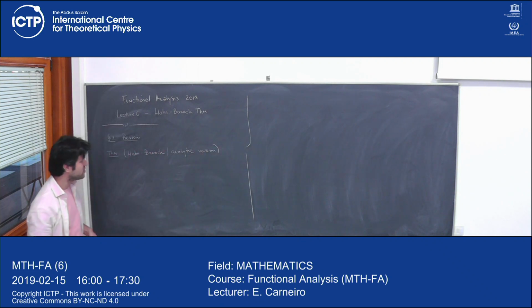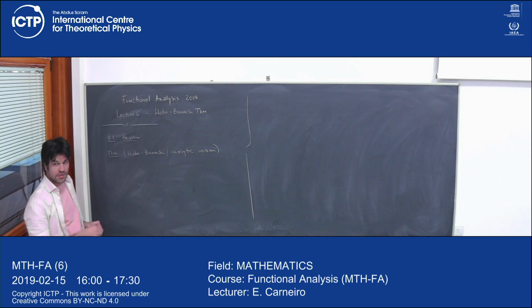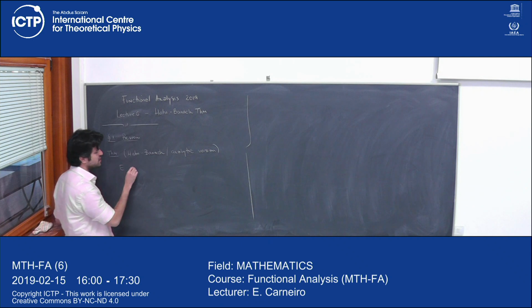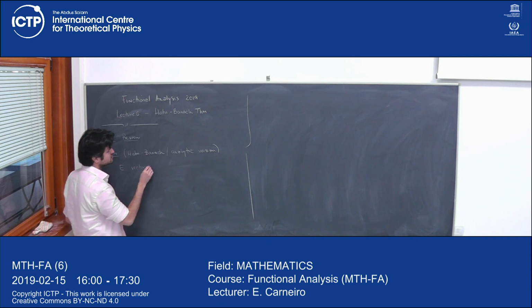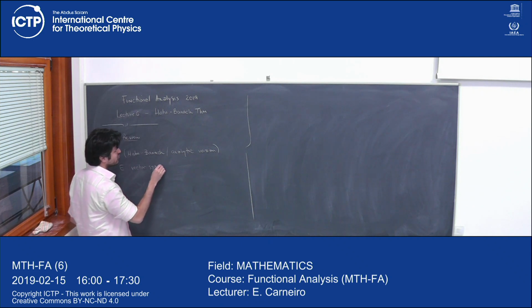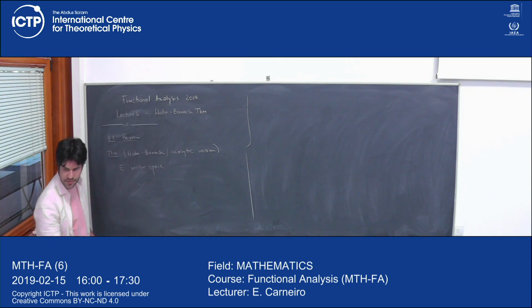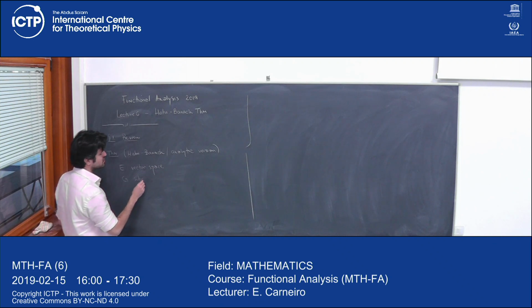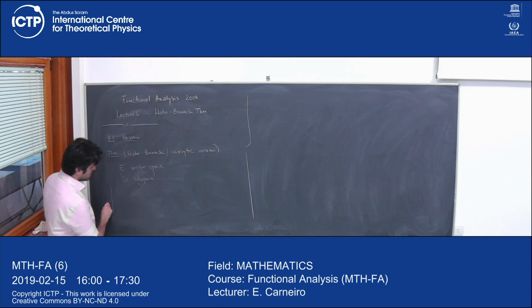And this was a theorem used in a situation where you had E, a vector space, no norm, no Banach space, just a plain vector space, and you had a subspace G of E. And you had a functional little g from G to R. This is your whole space.